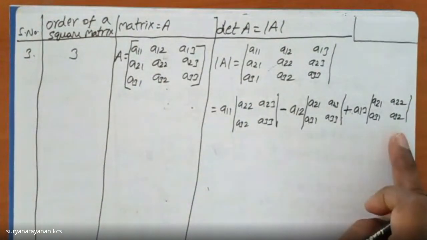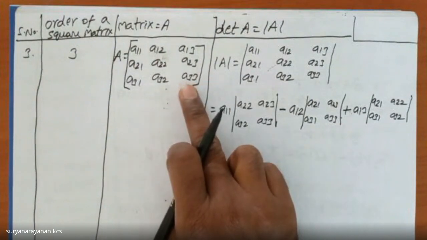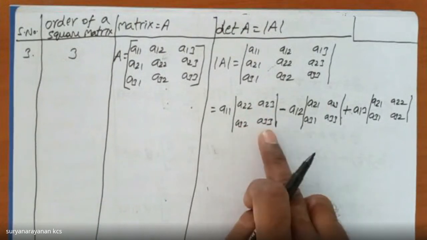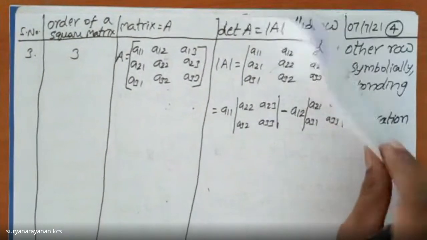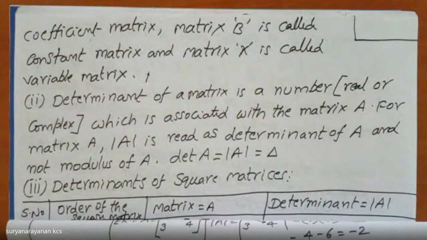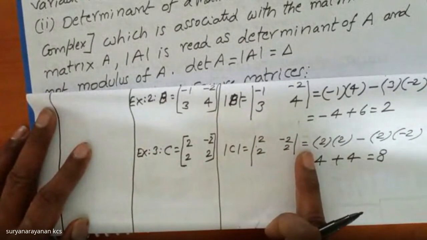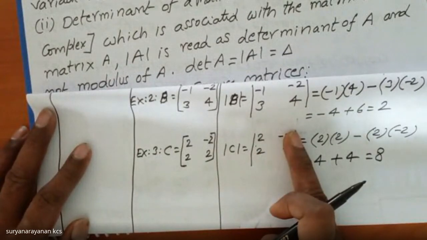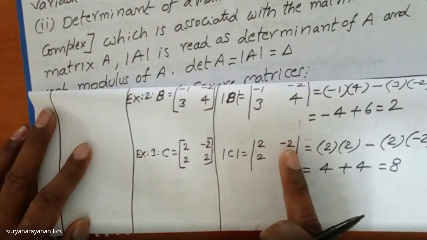This is a very important line to find the determinant of a square matrix of order 3. Again, if you observe here, this is a square matrix of order 2, this is a square matrix of order 2, and this is also a square matrix of order 2. Previously, we discussed how to find the determinant of a square matrix of order 2: the product of one diagonal minus the product of the other diagonal.